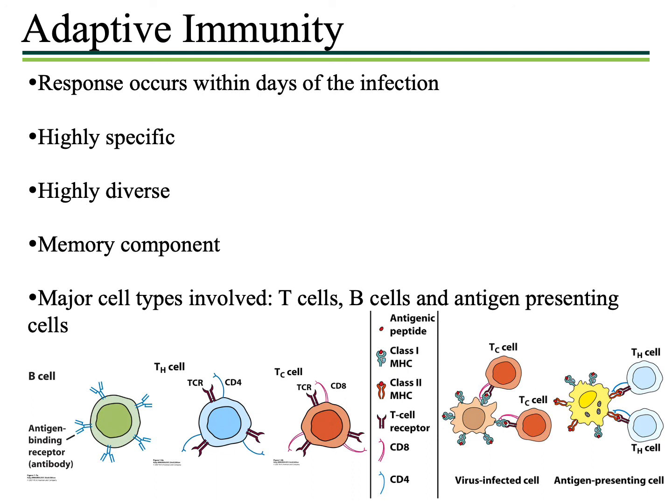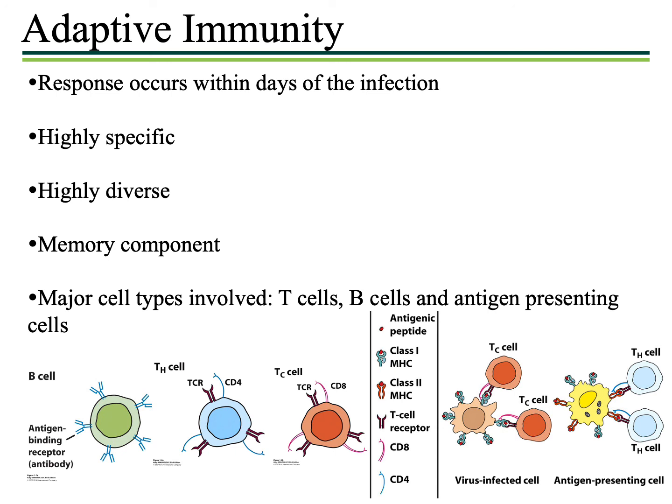The adaptive immune response is also referred to as being very diverse. It is diverse because there are a large number of distinct receptors involved in the recognition of the specific pathogen. So the specificity goes hand in hand with the diversity.